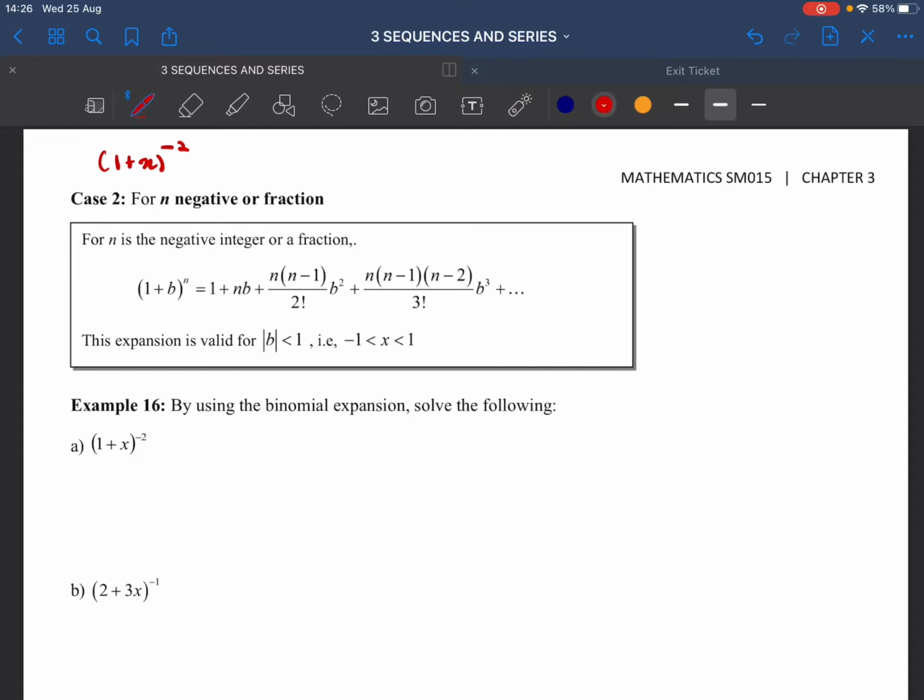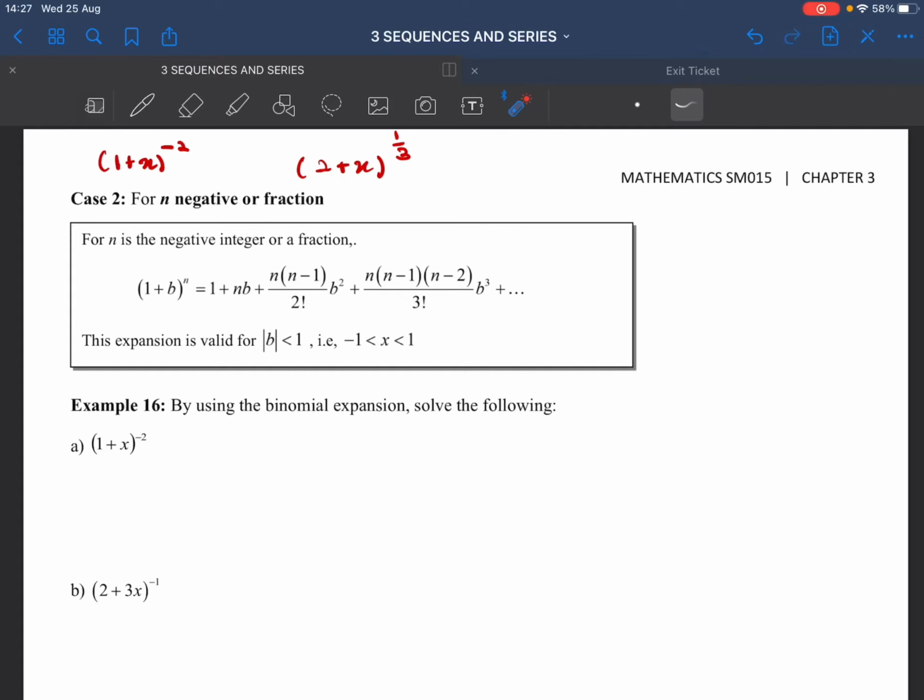Or if you have 2 plus x to the power of 1 over 3. Okay, as you can see, this is a positive number, but it is not a positive integer. So dia bukan case 1, dia ialah case 2 because it is a fraction. Okay, so if the question gives you your n negative or a fraction, that is case 2.